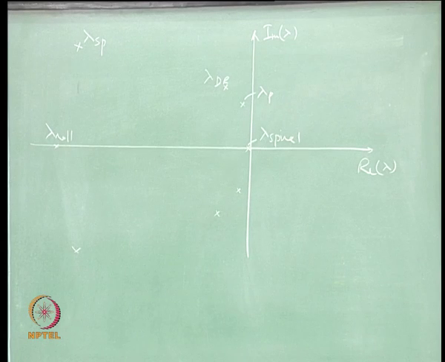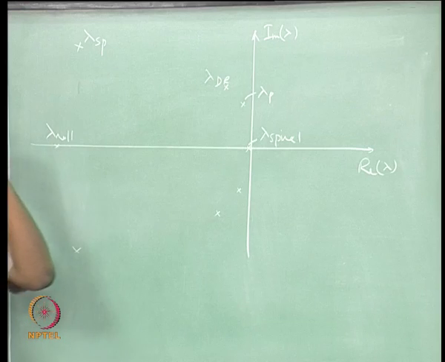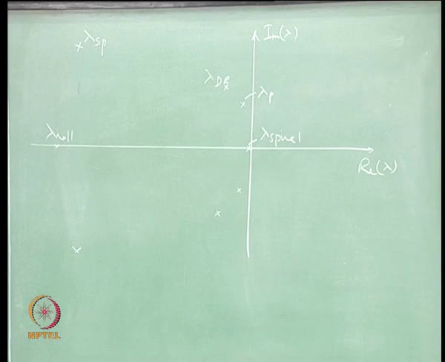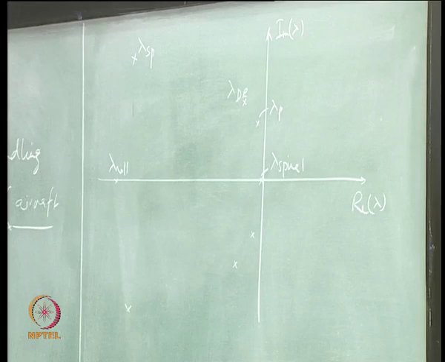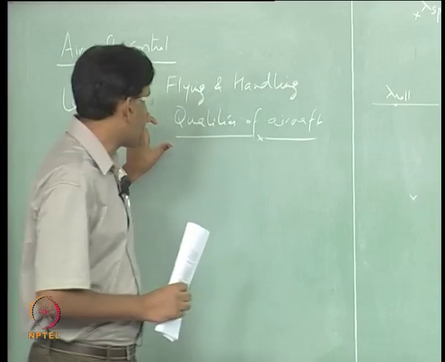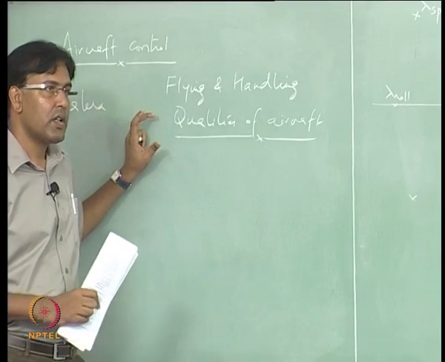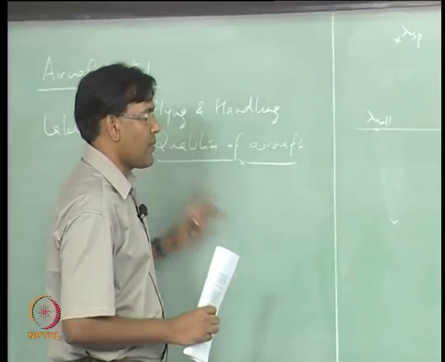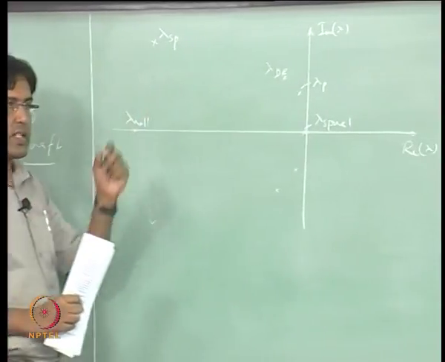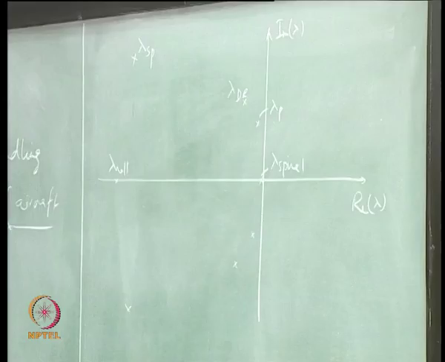And let us also assume that these are not what is required according to the flying and handling qualities. So, remember we said that flying and handling qualities will depend upon these parameters associated with the location of the eigenvalues of the aircraft in the complex plane.